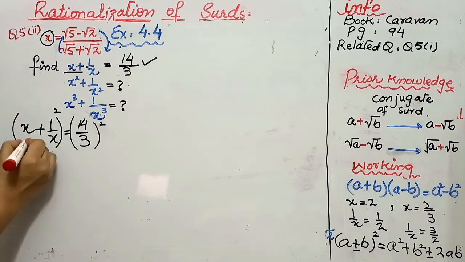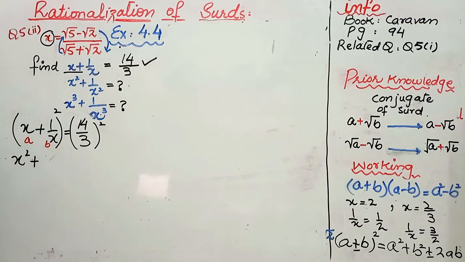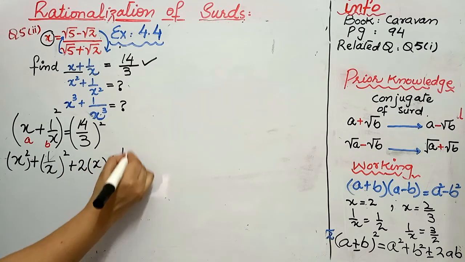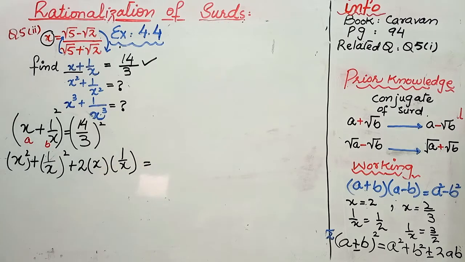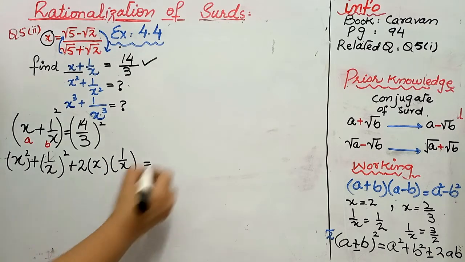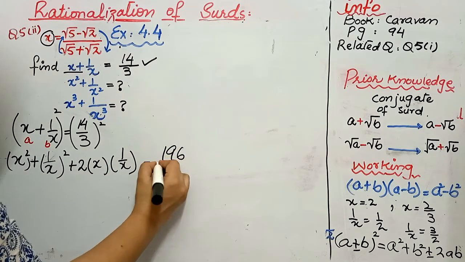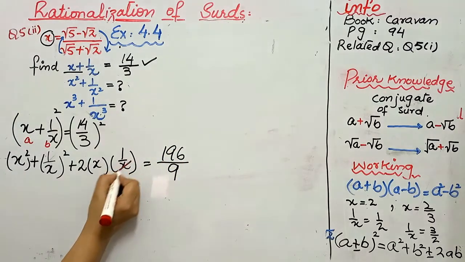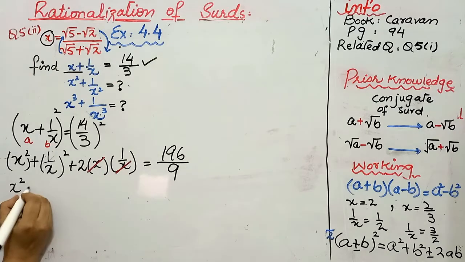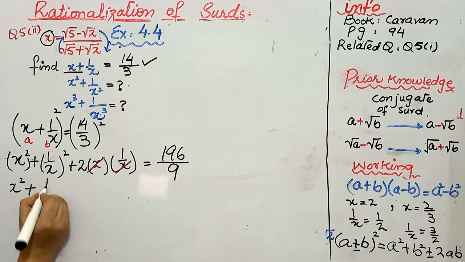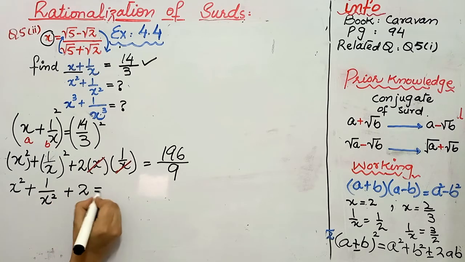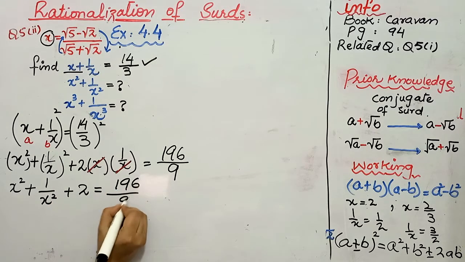So it will be a square plus b square plus 2 into x into 1 upon x, is equal to 14 square is 196 and 3 square is 9. So this will be cancelled. So x square plus 1 upon x square plus 2 is equal to 196 by 9.